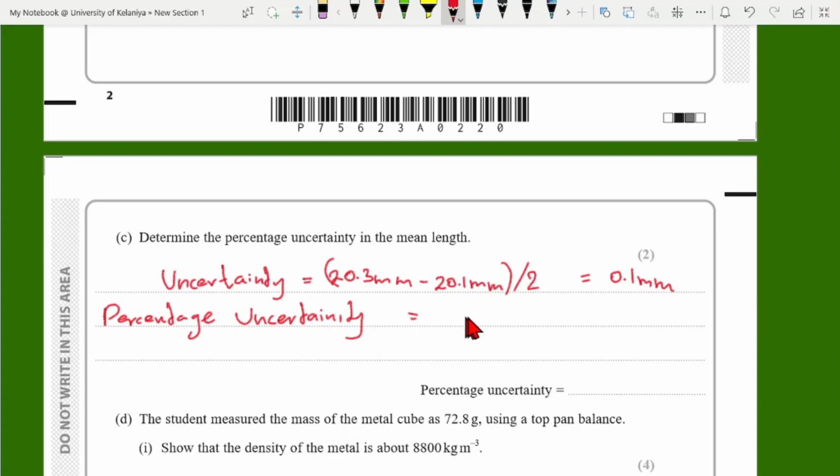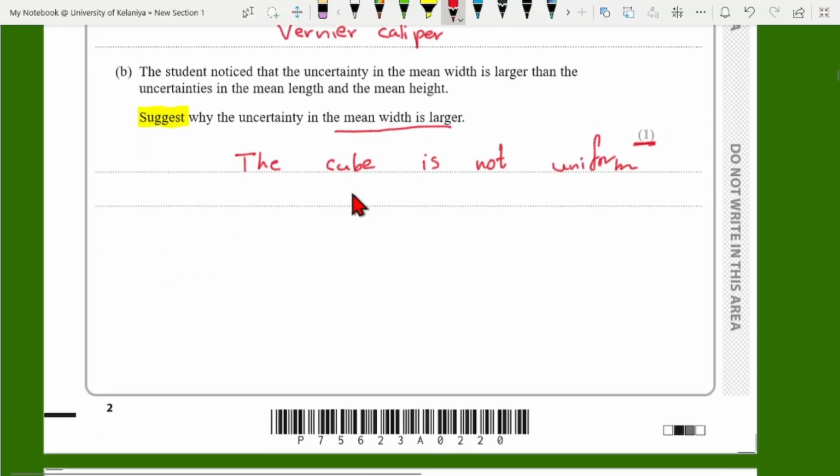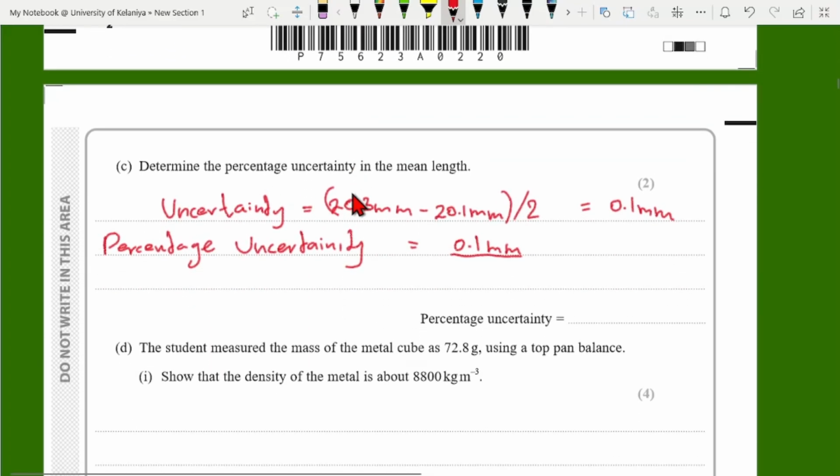It's very simple. You have to take the uncertainty, 0.1 millimeter, and divide it by the mean length. You can clearly see here the mean length is 20.2. So we divide the uncertainty by the mean length, 20.2 millimeters.